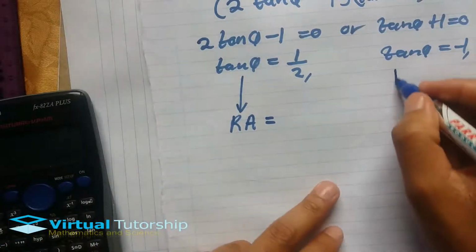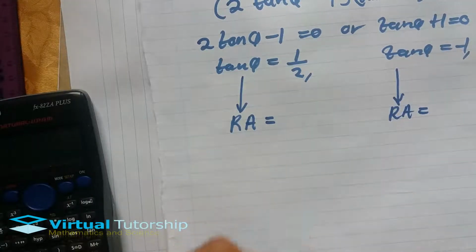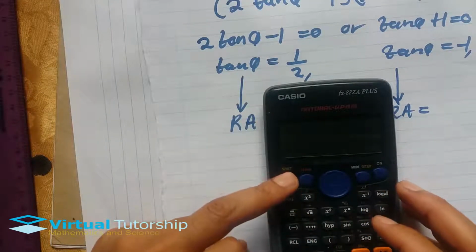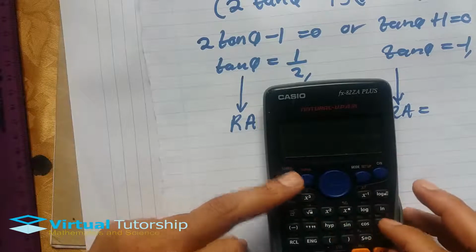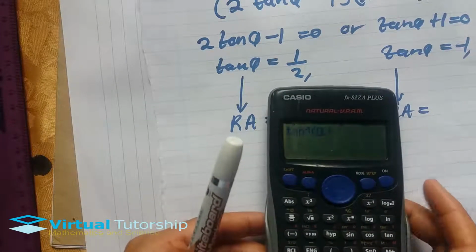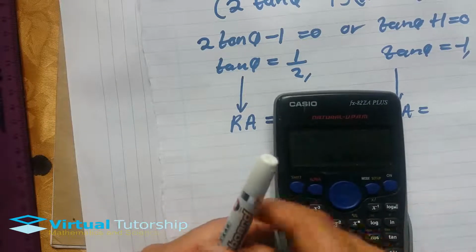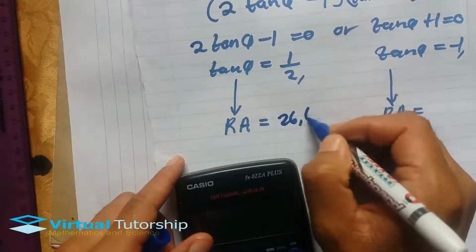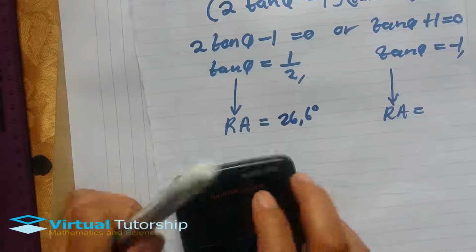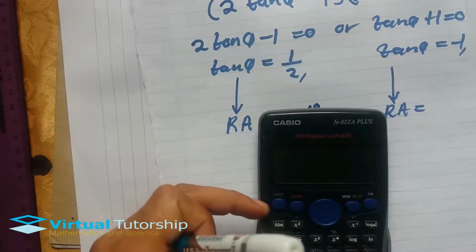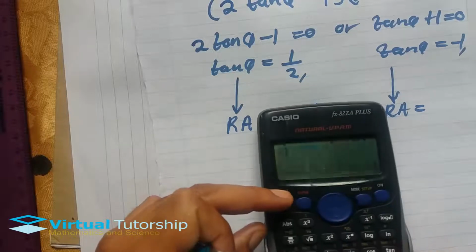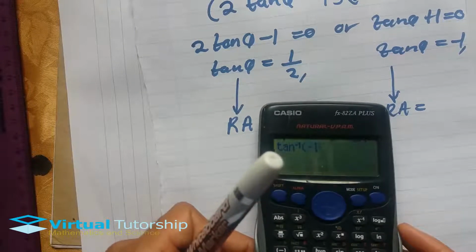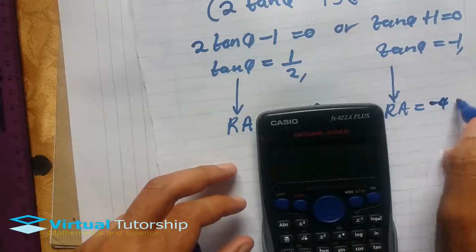The reference angle for tan of a half, 0.5, is about 26.6 degrees. Let's check minus 1 again. The inverse tan of minus 1 is minus 45 degrees. The minus sign you keep.